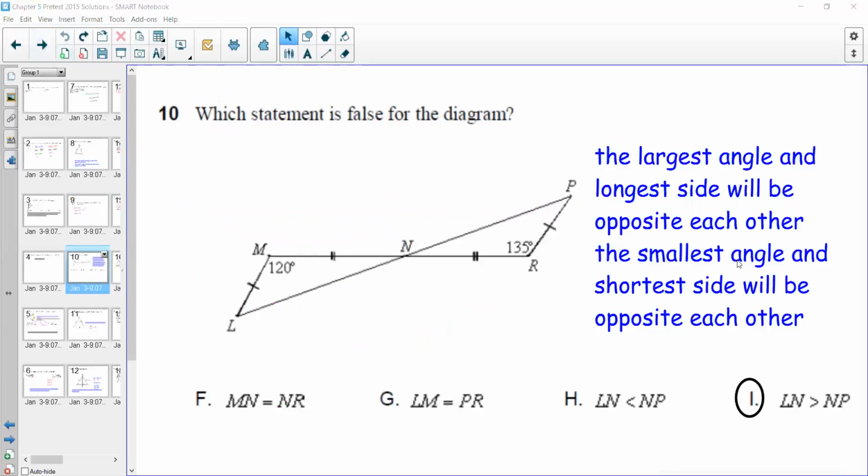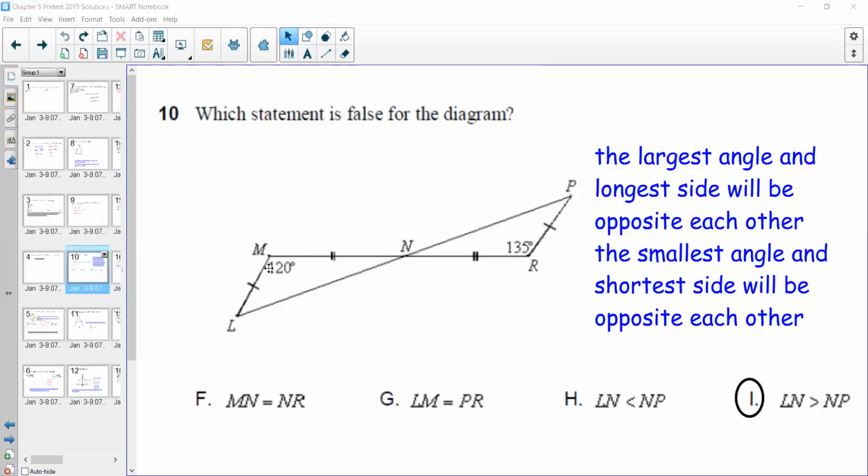Okay, which statement is false for the diagram? And that would be I. Okay, so here's LN, and here's NP. All right. The key here is the fact that these two sides are congruent, and these two sides are congruent.